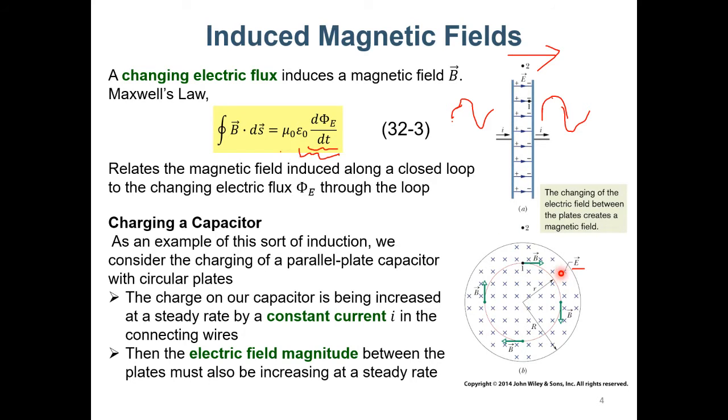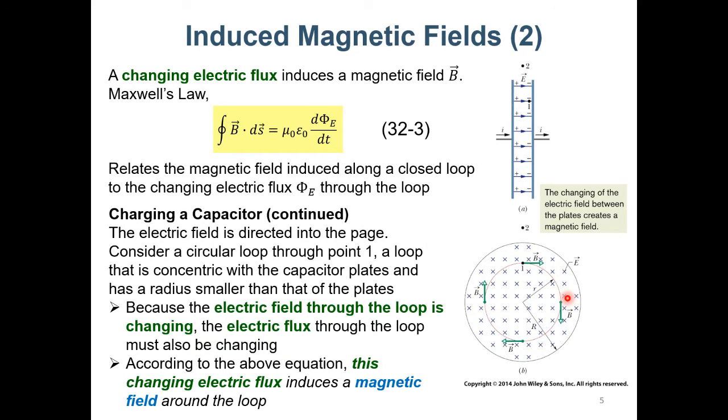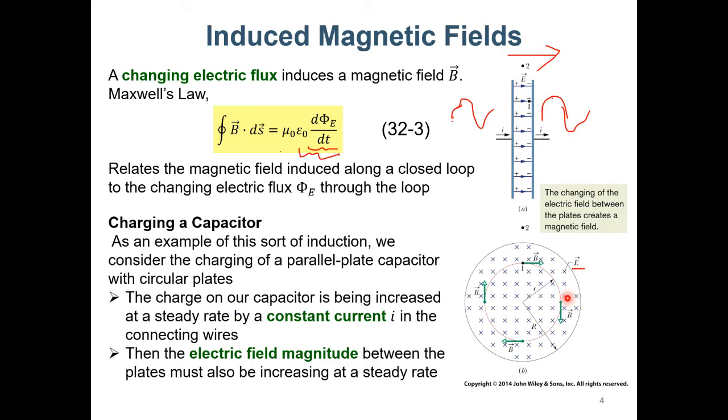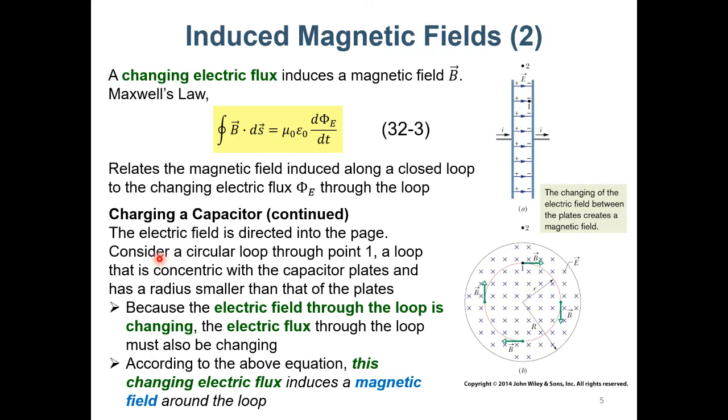As long as the E field is increasing linearly, the B field is perpendicular to it, like this. So the electric field is directed into the page.